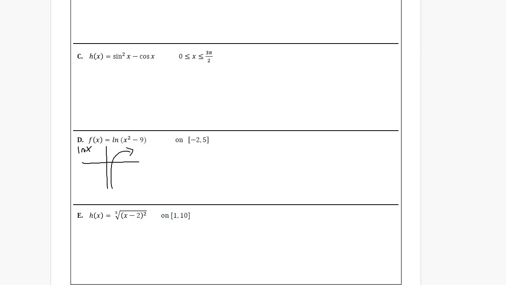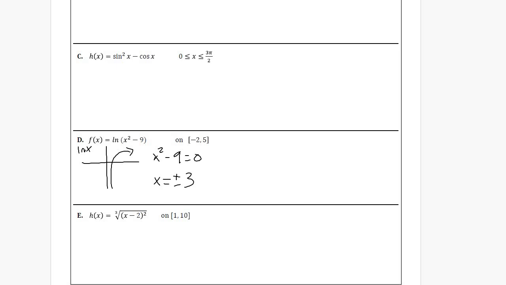On this function, because we have x squared minus 9 on the inside, if we look at where that would equal 0, we get plus or minus 3, and positive 3 is within that interval that they give us.